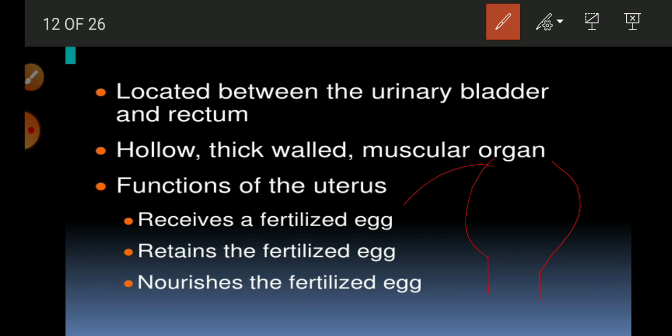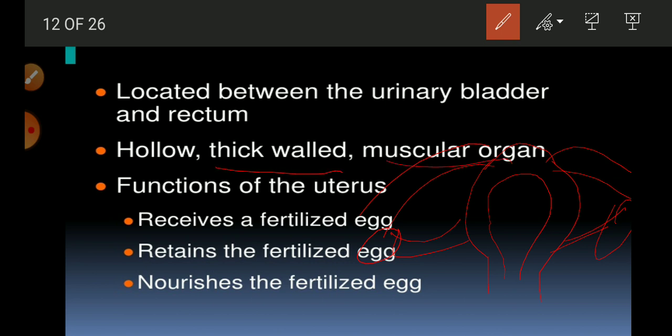Here is the oviduct, and here are the ovaries. This is the uterus, which is hollow inside; it is a thick-walled, muscular organ. The muscles present in it are called the myometrium, which we'll talk about in a few minutes.